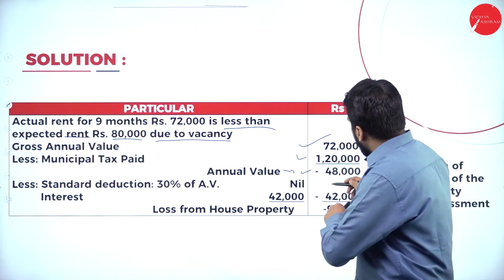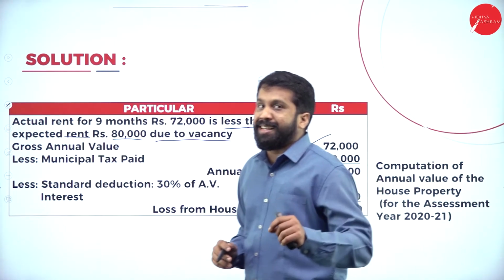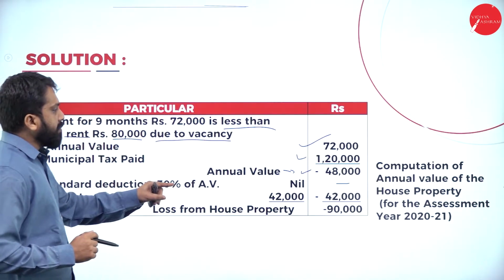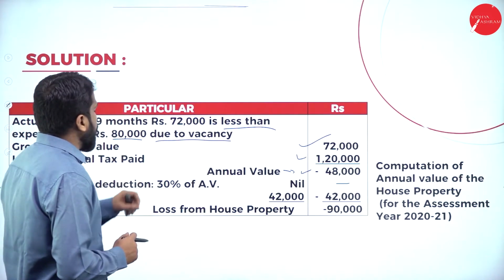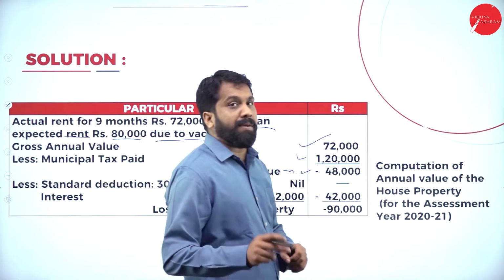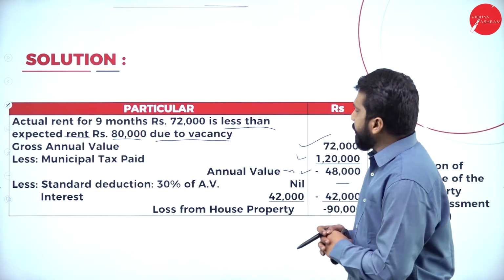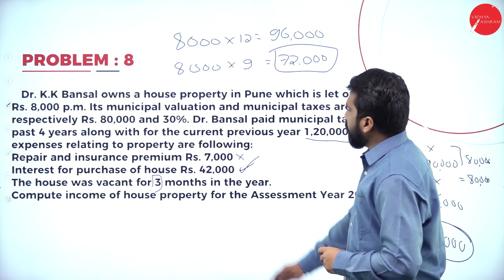Now, 48,000 minus standard deduction, it is nil, or else we can call it 0. Now, 48 minus 0, you will get the same value. But you cannot take 30% standard deduction, but you can go for the interest part. Now, what is the interest you have? As per the question, you have 42,000.